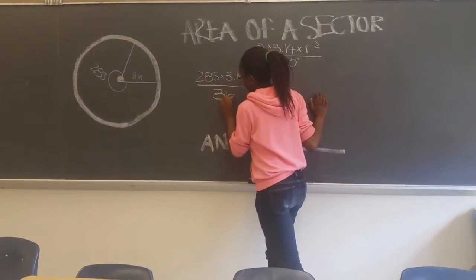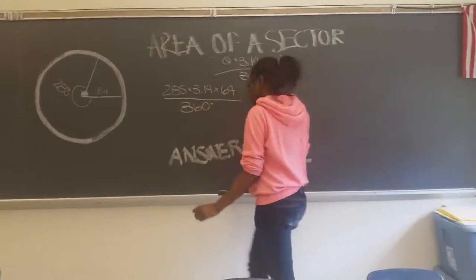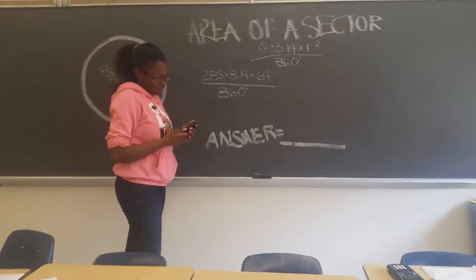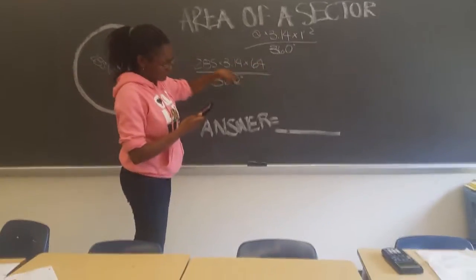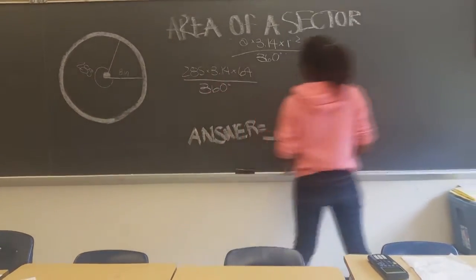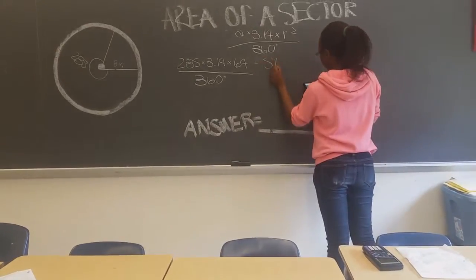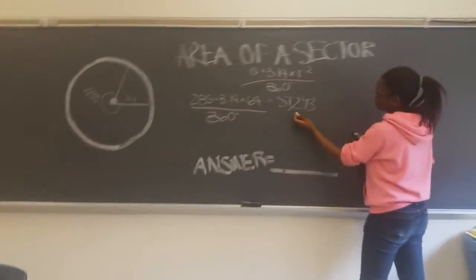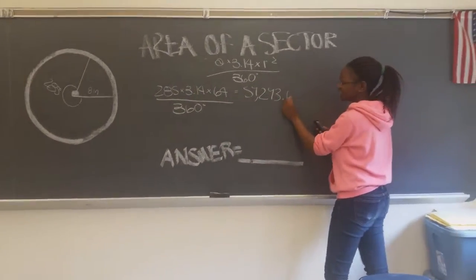Over 360 degrees. And as soon as you're done doing all that, you take your handy dandy calculator or your cell phone. Doing just the top half, this is what I got: 57,273.6. That's just the top half.